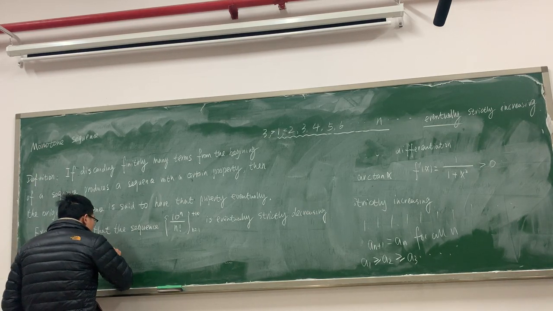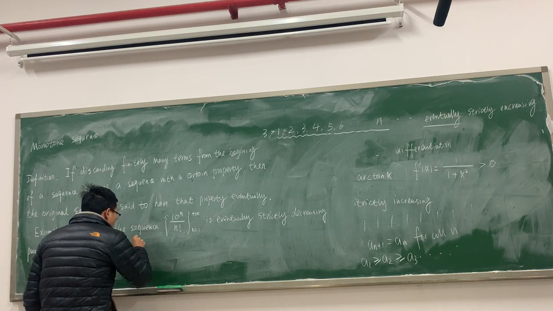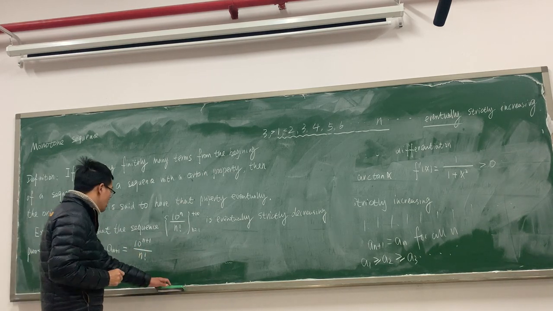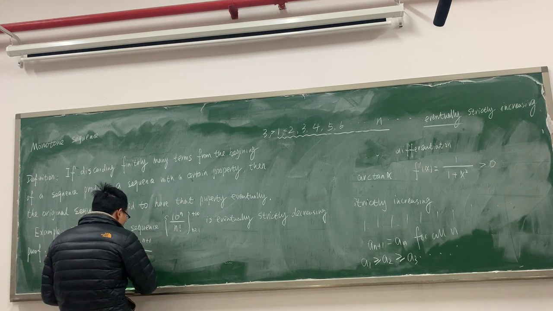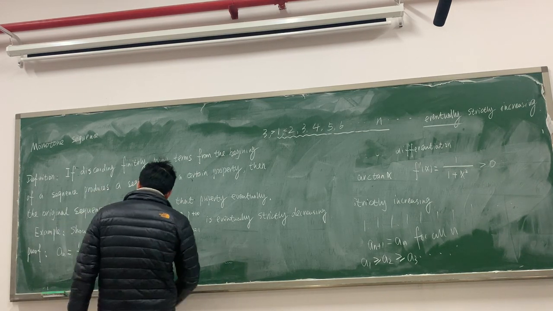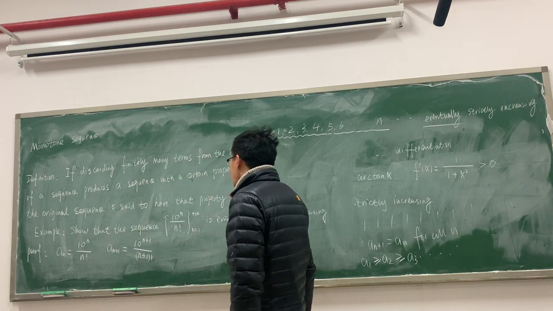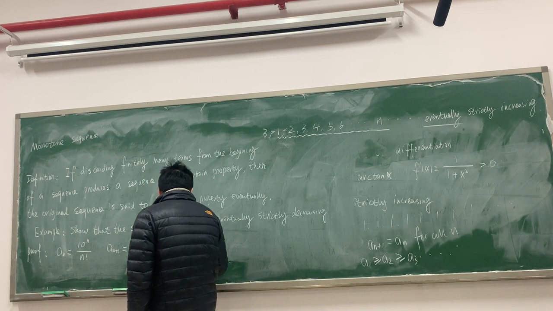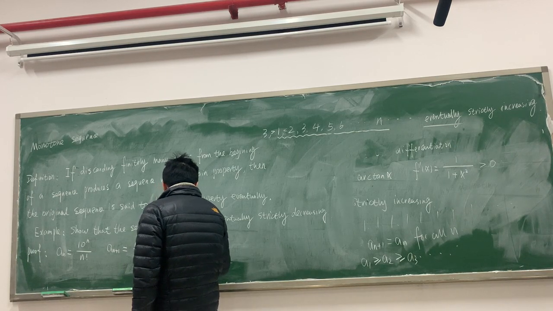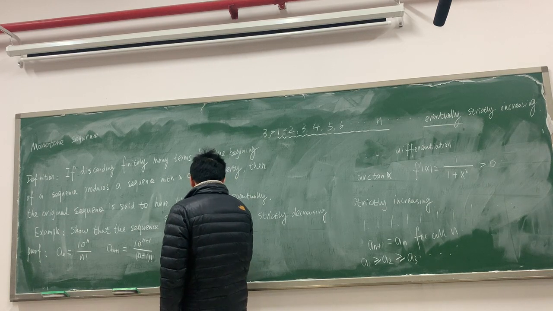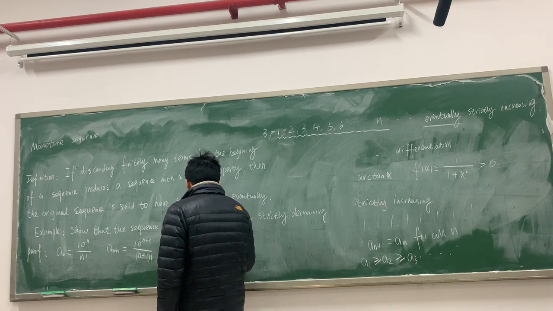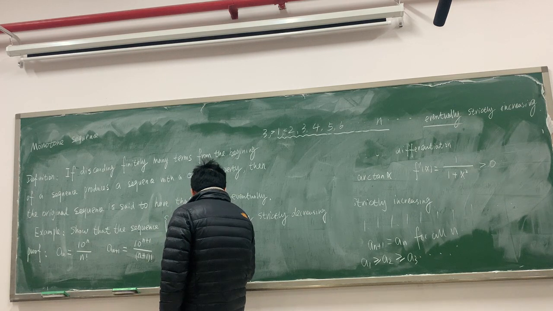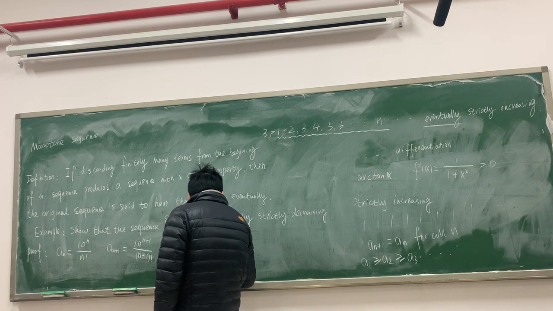We need to look at a_(n+1), which equals 10 to the power n+1 divided by (n+1) factorial. I'm sorry, it is also (n+1) factorial in the denominator. So we need the quotient a_(n+1) over a_n, which is 10^(n+1) over (n+1)! divided by 10^n over n!.